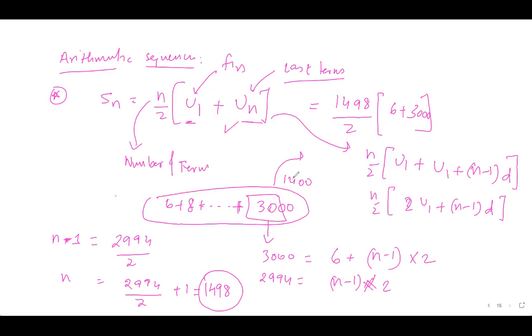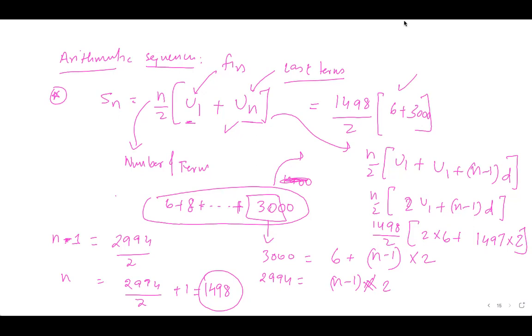Using the previous data, it'll be 1498 upon 2, times 2u1, so u1 is 6, plus n minus 1, which is 1497, times the difference, which is 2. This will be the same as the previous answer. If you check it, you will get exactly the same answer. So this is how you add up the series for the arithmetic sequence.